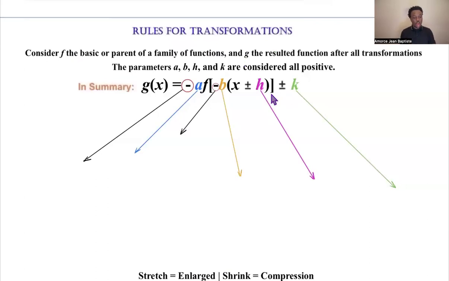Now let's see the rules of transformation that we can expect on a graph. So if we consider f as one of the functions we saw earlier, f of x, so f of x is one of the basic parent functions that we saw earlier, that can be absolute value, that can be the square root function, that can be the exponential function, logarithmic function, that can be any of the parent functions we saw.